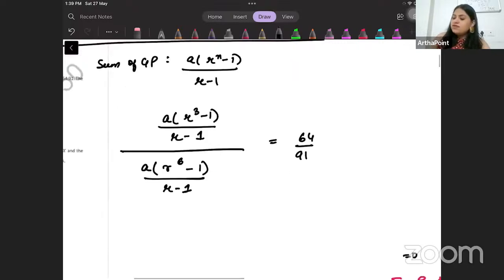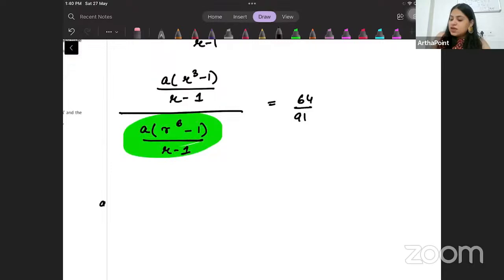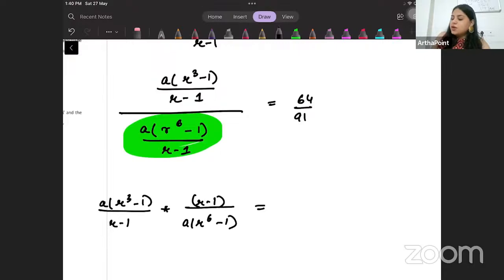So if I solve the left-hand side, I understand that the denominator has to be reciprocated. So what I can do is a(r to the power 3 minus 1) upon r minus 1 into r minus 1 upon a(r to the power 6 minus 1) will be 64/91.